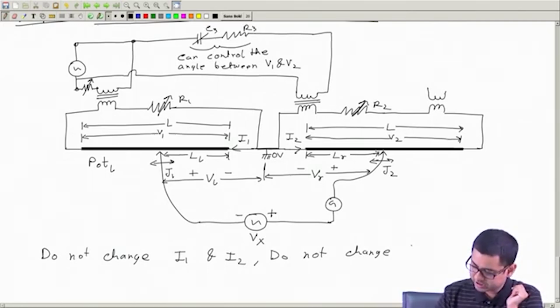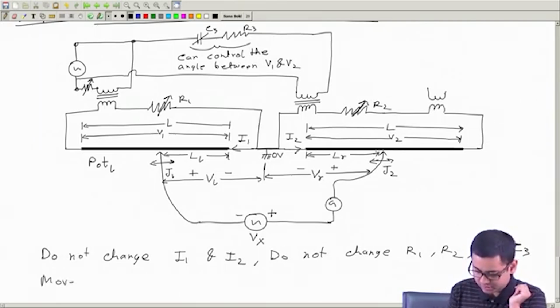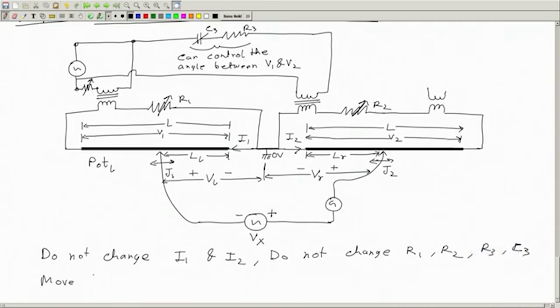Do not change any of these R1, R2, R3 or C3. Do not change any of this. Move the position of J1 and J2 to find null, and once we have the null, then we can write that.